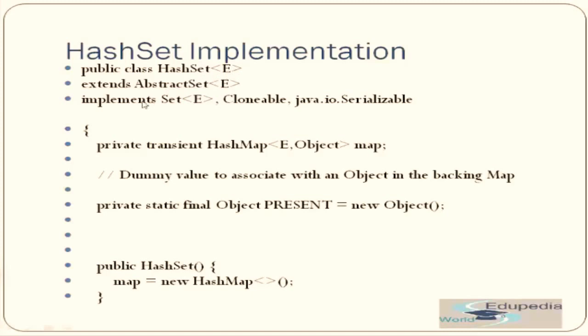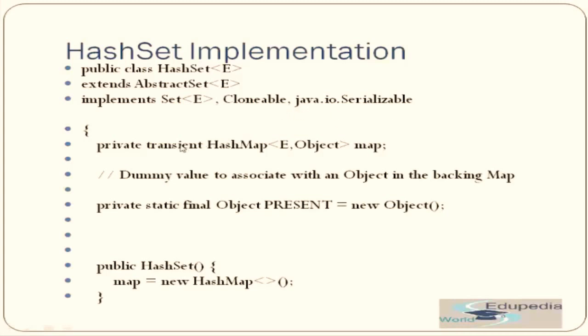You see it also implements Set, and there are also the Cloneable and Serializable interfaces. So I would rather say HashSet implements the Set interface, extends AbstractSet, and also implements Cloneable and Serializable.